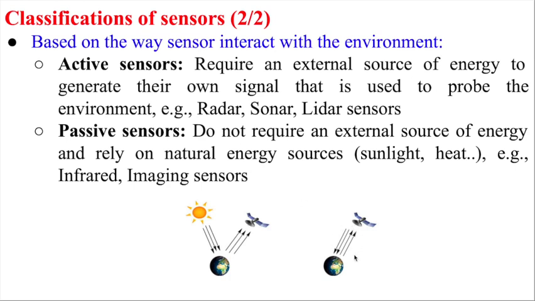They generate the energy and reflect back that energy, then they can detect the motion of birds and other things. So active sensors have their own external energy source to generate the signals, and based on the reflection they can identify environment monitoring and other things. So radar, sonar, all these are active sensors.